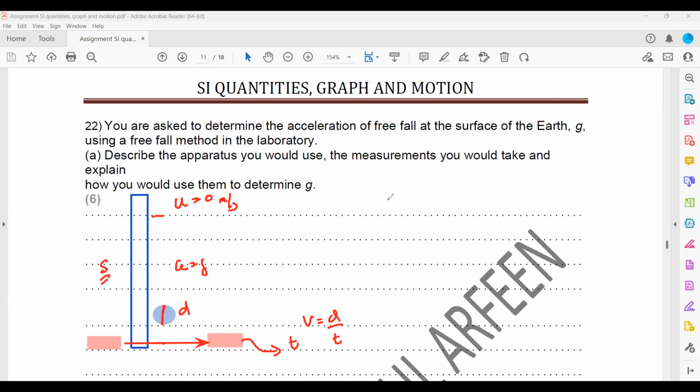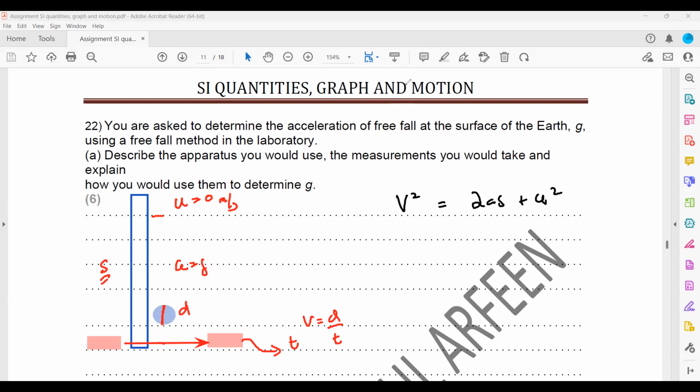So we have this equation, 2as equals v squared minus u squared. This equation is modified as 2gh equals v squared. Or I can write the same equation rearranged: v squared equals u squared plus 2as.